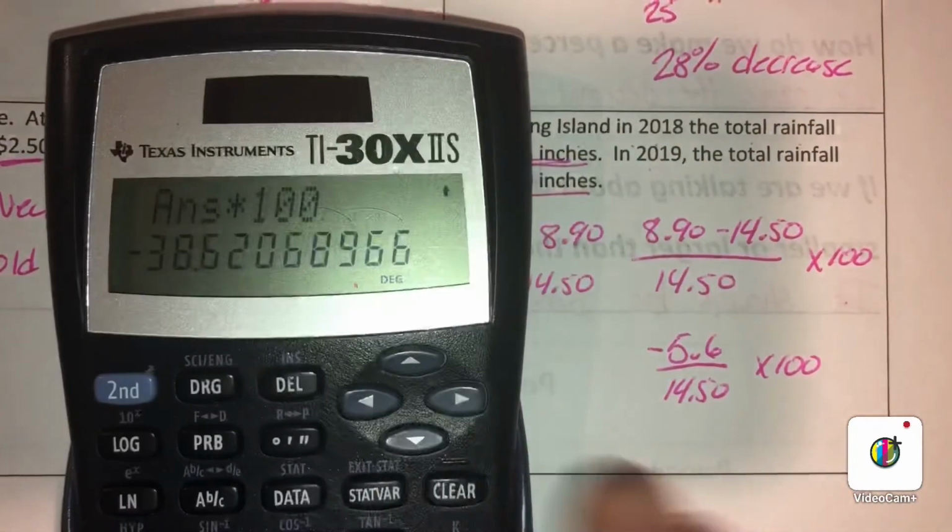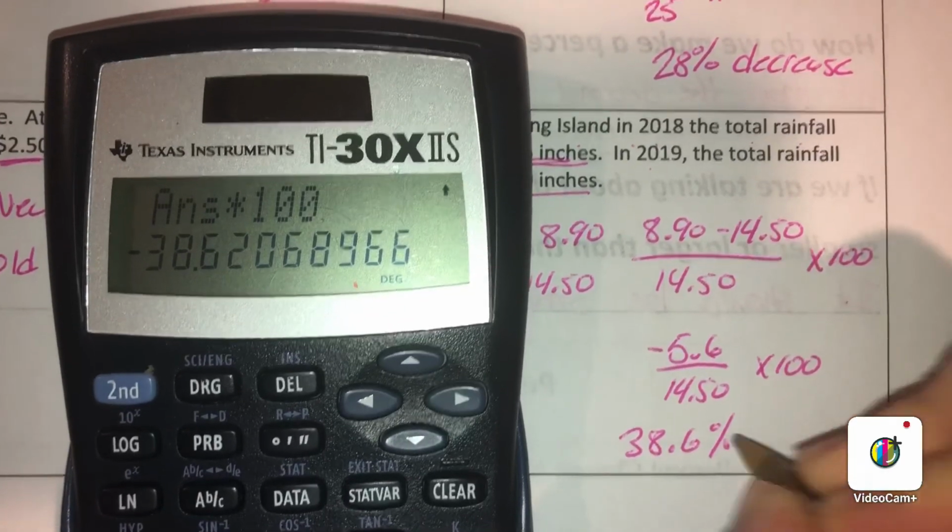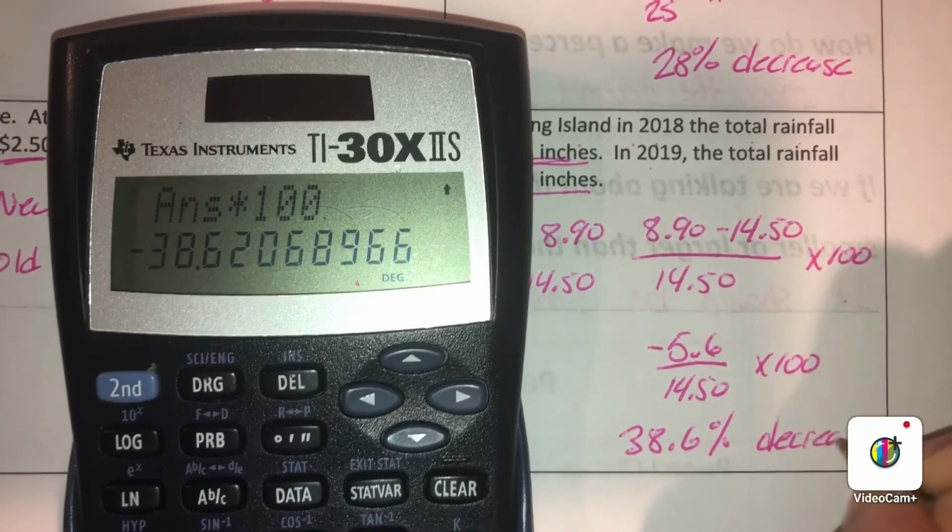So negative 38.6%. Since it's negative, we know it's a decrease.